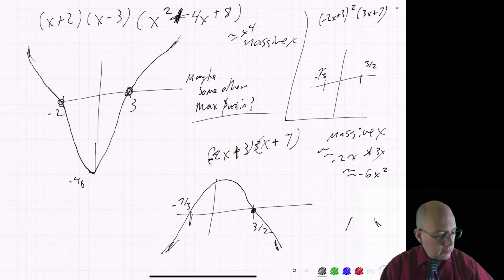And we've got a little bounce factor here. This is going to be now minus 2x squared times 3x for massive x. So that's just 12x cubed. All right, so you square, you get x squared, multiply by x, you get x cubed, 12x cubed.